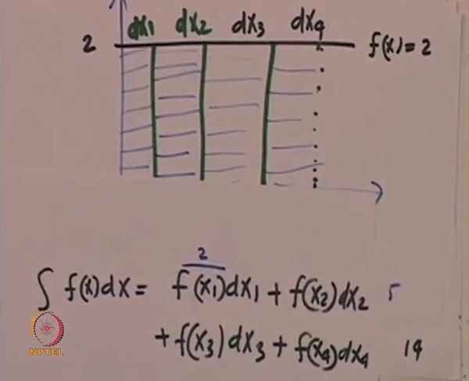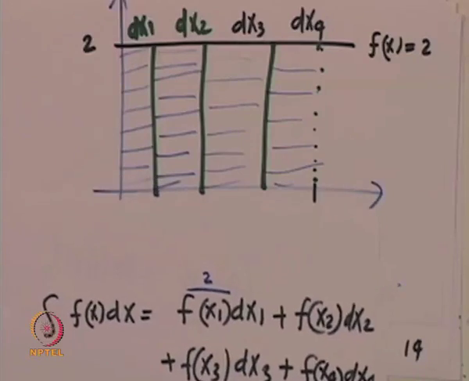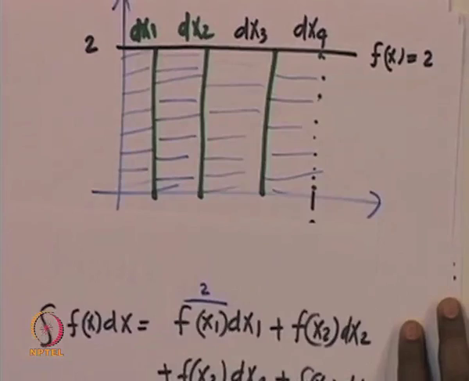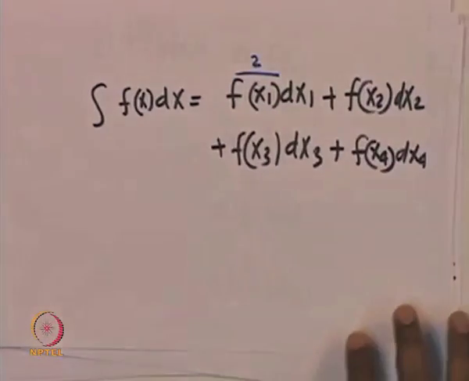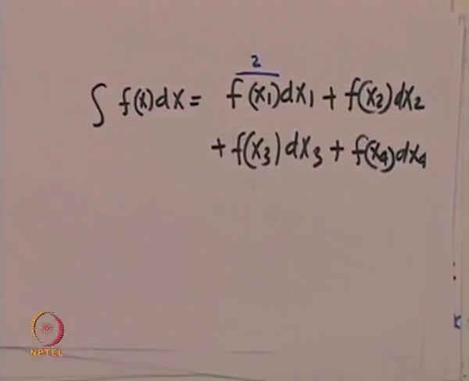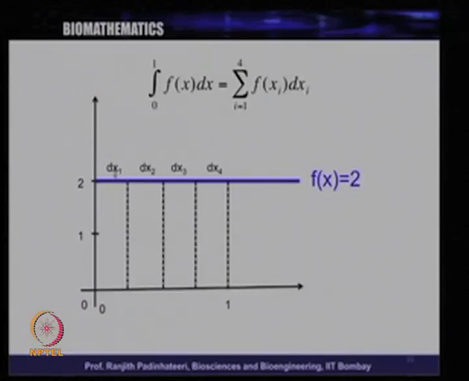So, integral is nothing but finding the total area under this particular curve. It turns out that integration is nothing but finding the area under the curve. We have this curve f of x equal to 2, and if we can find the area under this curve between the 2 points 0 and 1, we would say that we found the integral between these 2 points.